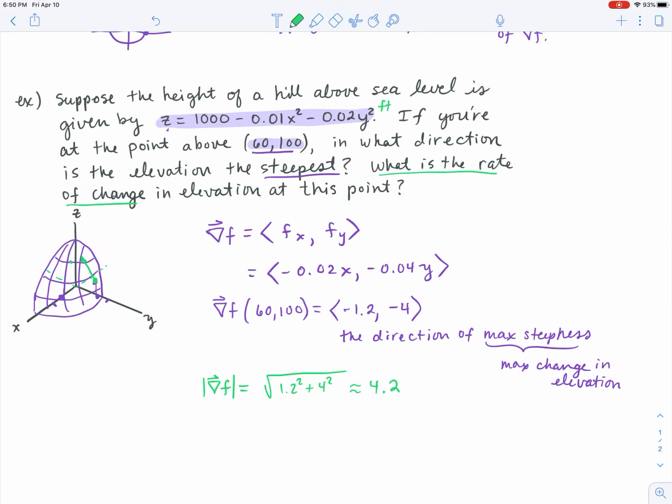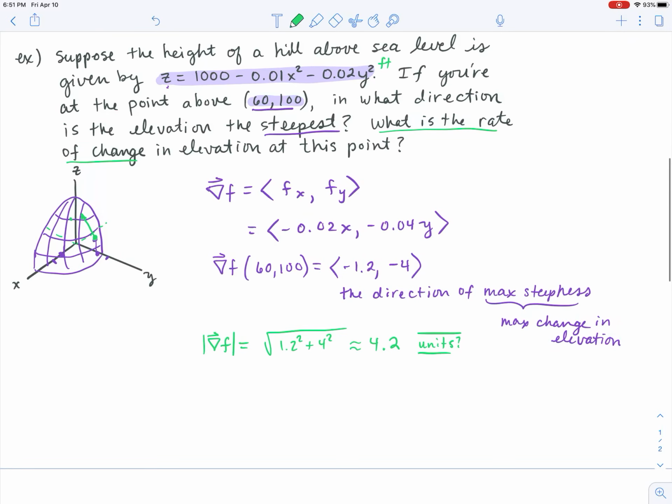And then this would be, is it feet per feet? Not sure. Let me think. I'm just going to put a little question mark on there for now because I don't want to waste time while I'm being recorded.